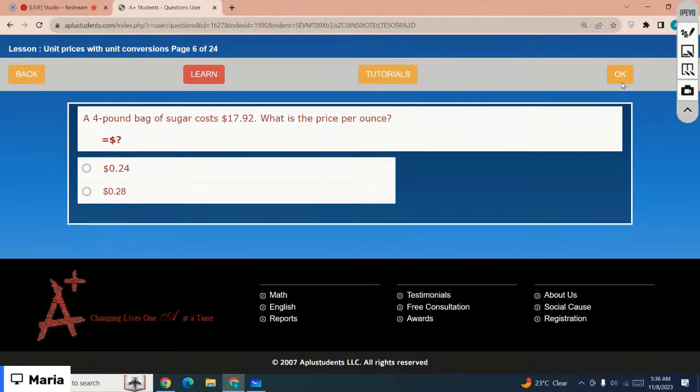So 16 times 4 is 64. So 17.92 divided by 64 equals, very good. The correct option is $0.28.